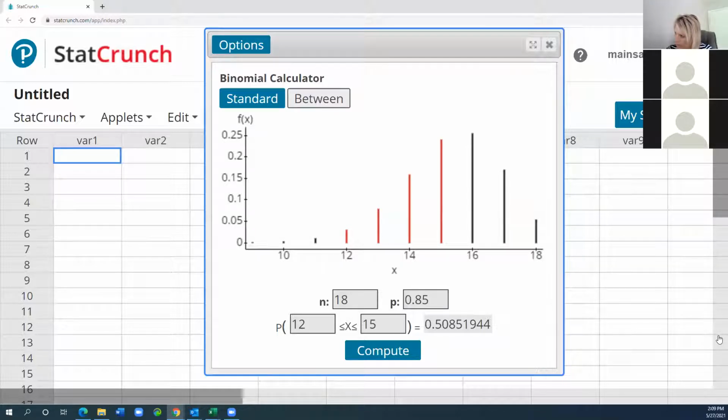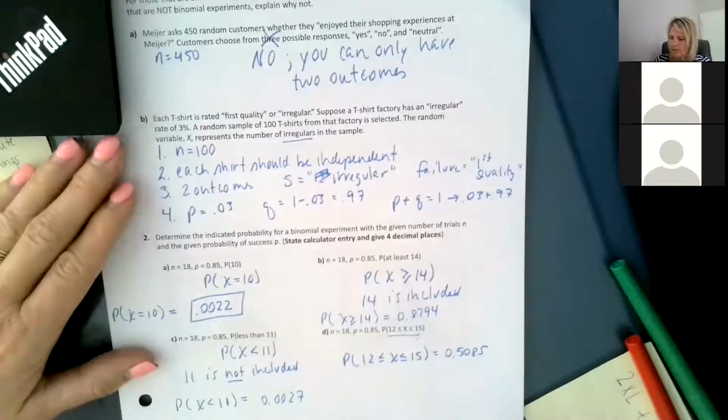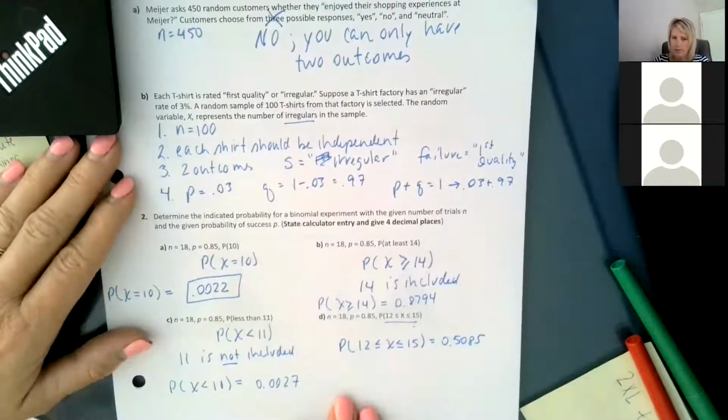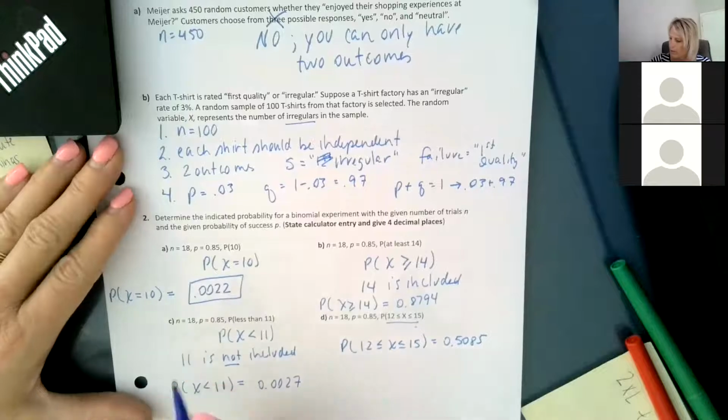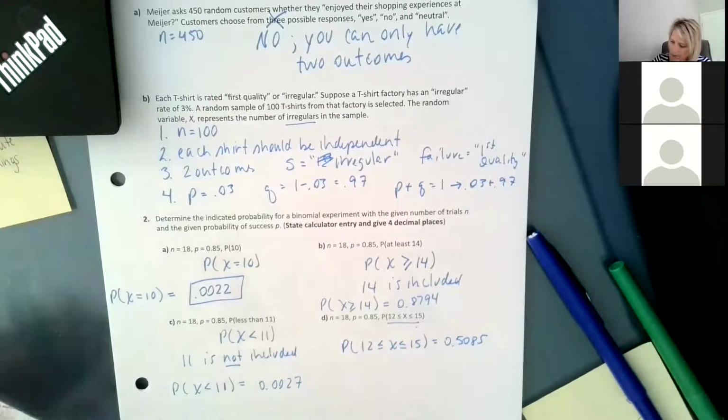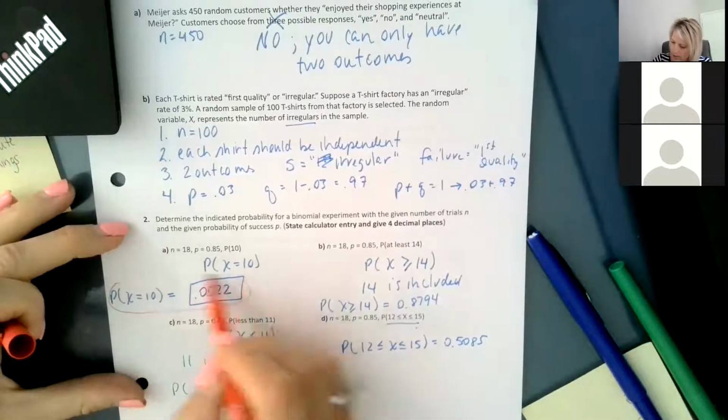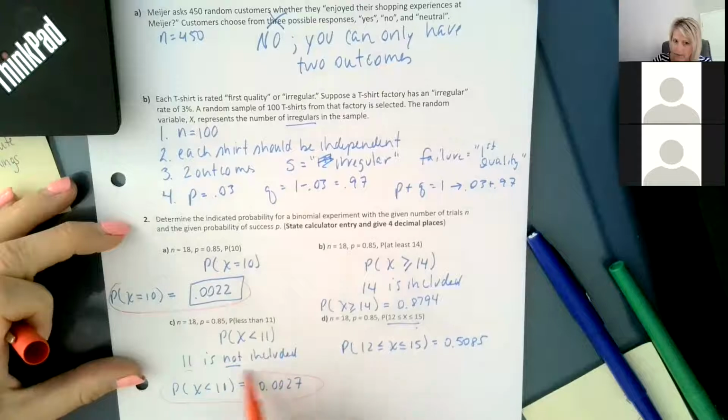And we get 0.5085. So I'm going to just show you what it looks like on my screen. These are the four that we just did, and make sure you're giving me the entire probability setup, so I know exactly that what you're typing in there is correct.